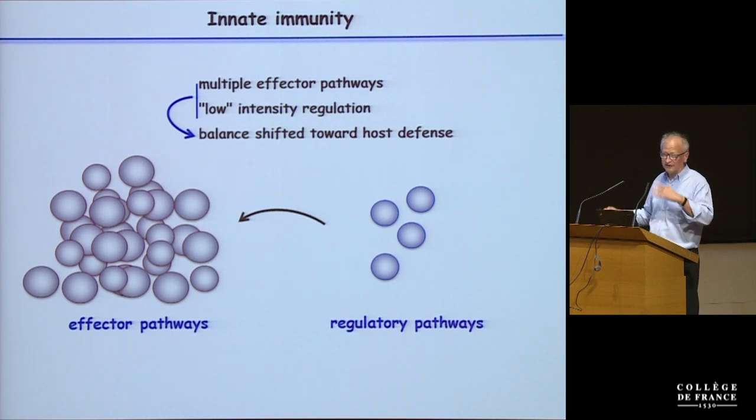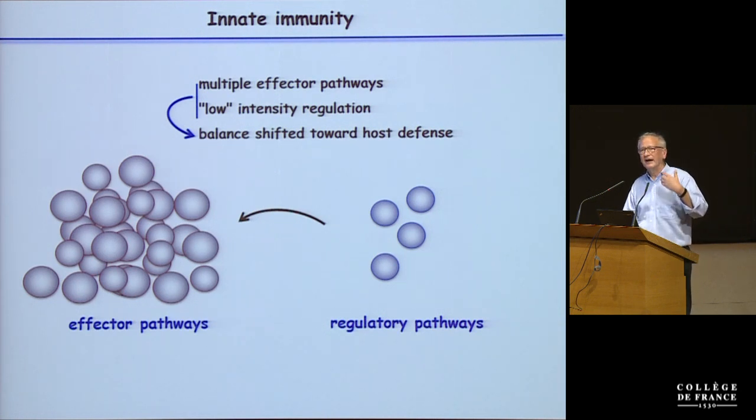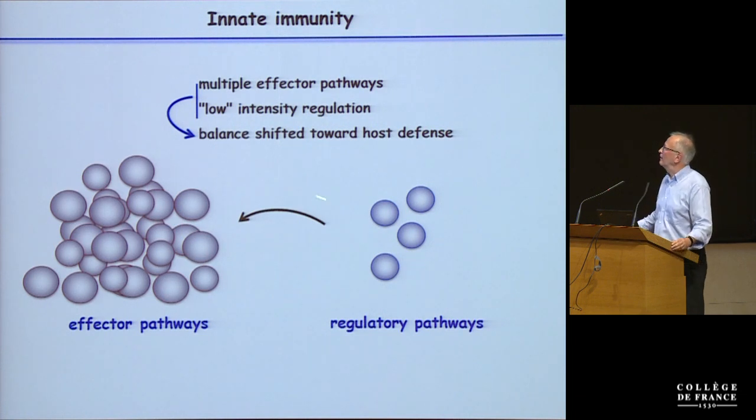There are several, they have been described in detail. But not so many are absolutely essential, suggesting that these multiple effector pathways, because of evolutionary pressure made by many pathogens, are not so intensively regulated. Of course, it's very much a simplification, but overall the balance is shifted towards host defense, that is effector functions, in comparison to regulation.